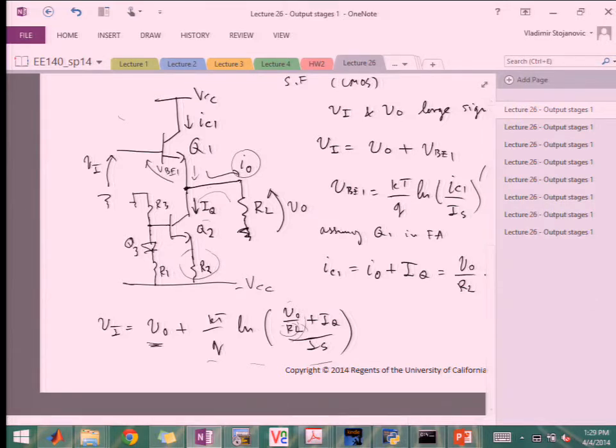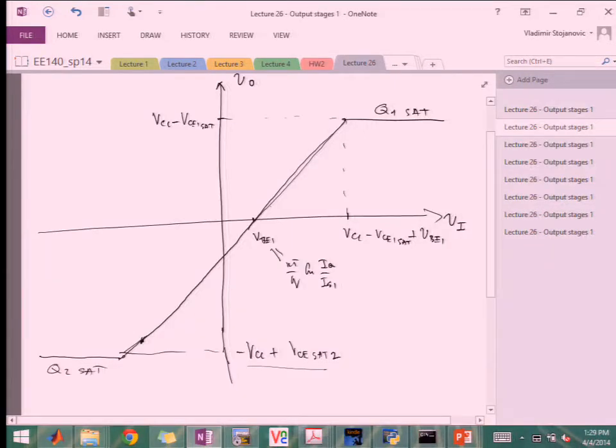And in the ultimate case, all of the current that goes through RL is just IQ. Right? That's the lowest voltage that you can achieve on the output, right? So minus RL IQ. If that value is not equal to this value that I just said, then you actually end up prematurely cutting out the output. Right? So this curve is really for RL being large.